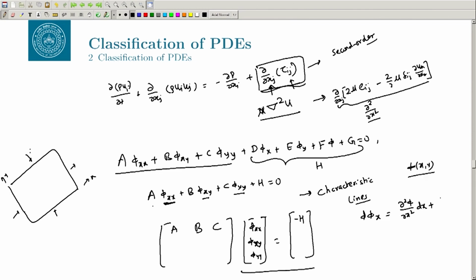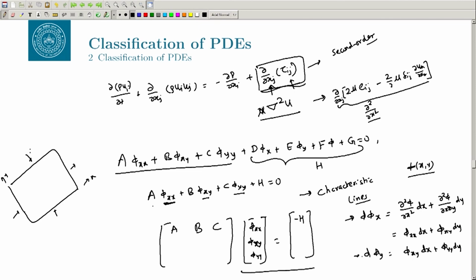Plus del 2 phi by del x del y into dy, right. So, this is phi x x dx plus phi x y dy, that will give you d phi x. And similarly, d phi y will be phi x y dx plus phi y y dy, right. So, we got two more equations using these definitions.